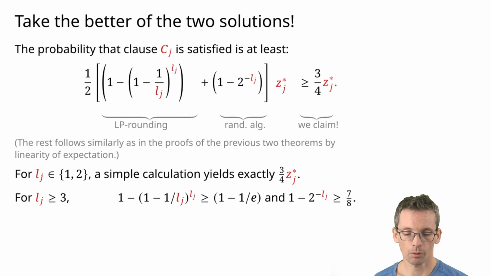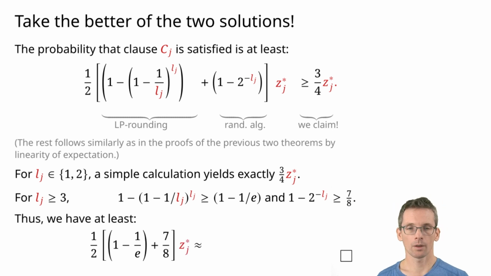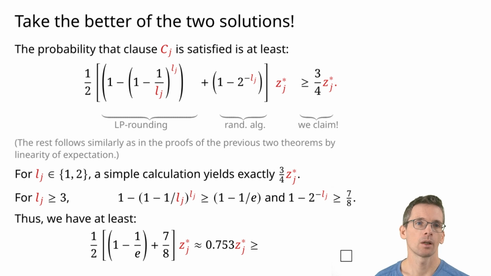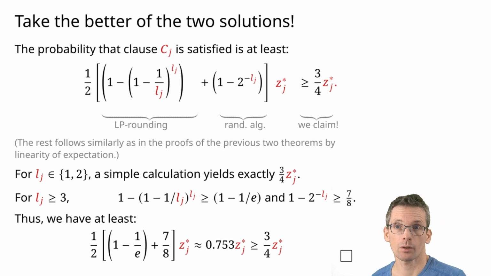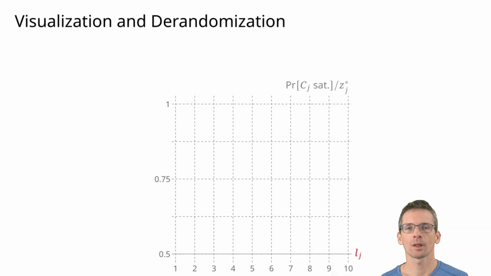But if I plug in 3, I get 7/8. And now if I add these two up and divide them by 2, then I get something which is roughly 0.753, which is more than 3/4. So this proves this approximation factor of 0.75.